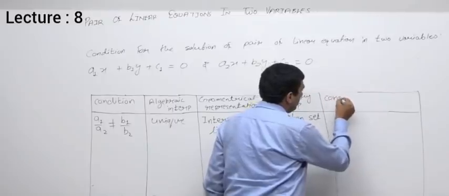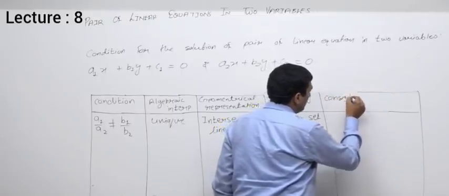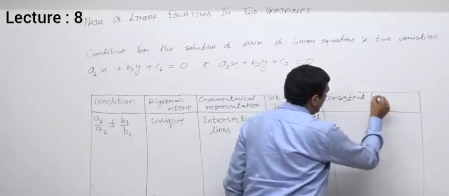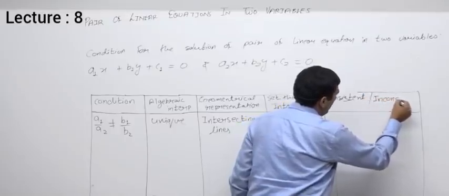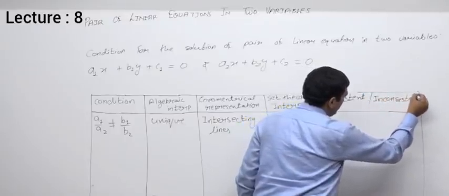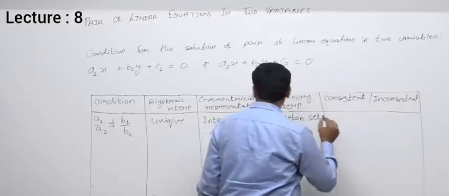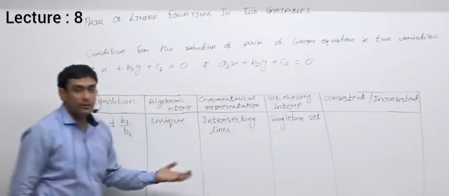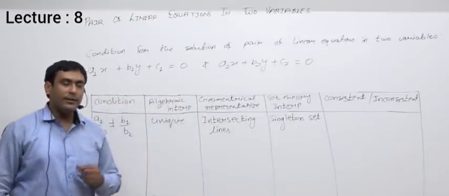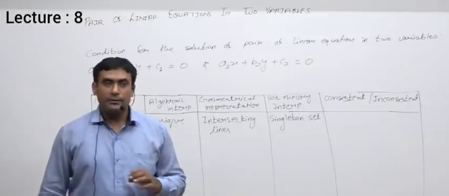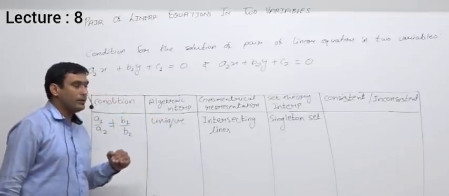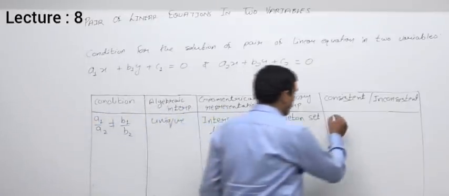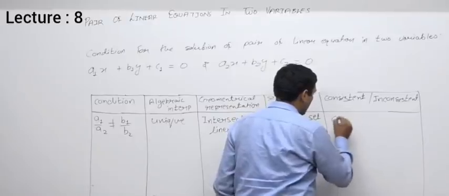In terms of consistent and inconsistent, here we'll say the pair of linear equations is consistent. Consistent means that if there is at least one solution, then the pair of linear equations is called a consistent set. So here we'll write consistent.